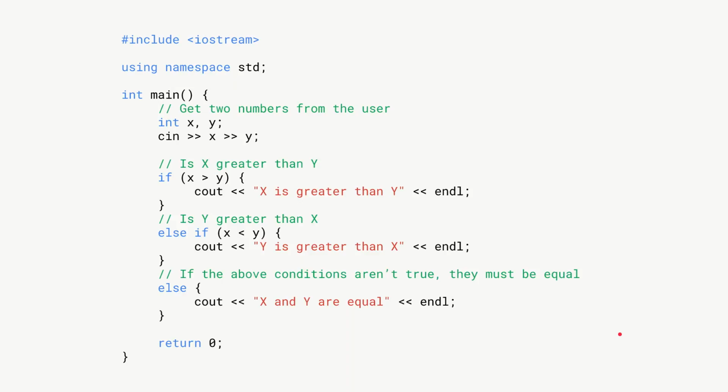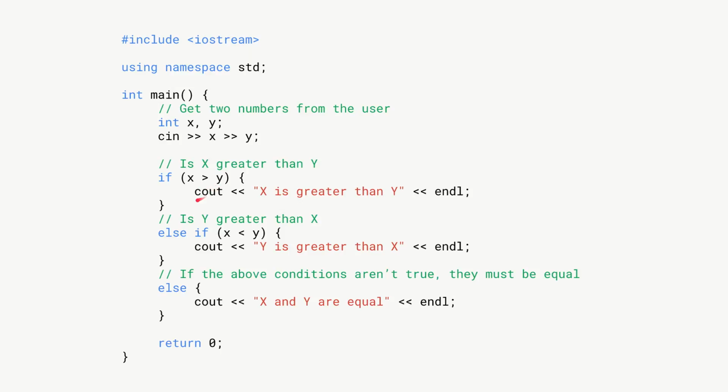So to make sure we properly understand how an if statement works, let's work through an example. Here we have a program that basically gets two numbers from the user, x and y, and it outputs which variable is greater, or if the two variables are equal. You can see that we're inputting two values over here. We then have our if block, where we check if x is greater than y.